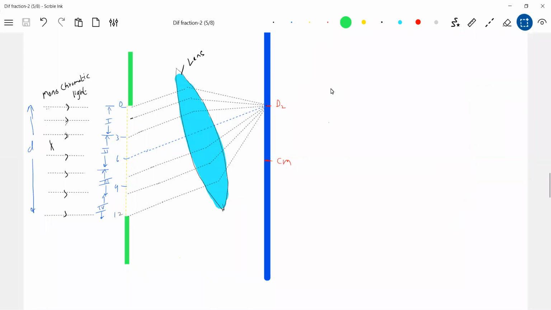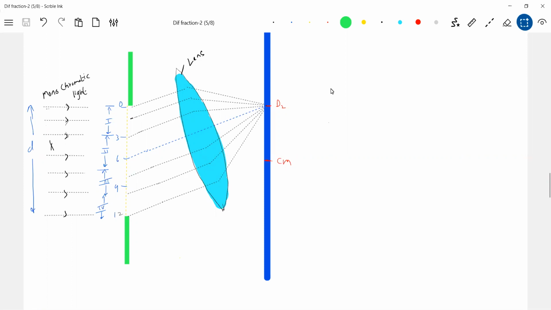Because the light coming from parts 1 and 2 will undergo destructive interference. Similarly, the light coming from parts 3 and 4 will undergo destructive interference. Because of this, we don't get any light, and that's why the second minima will be formed. So this is the explanation I had to give for the second minima.